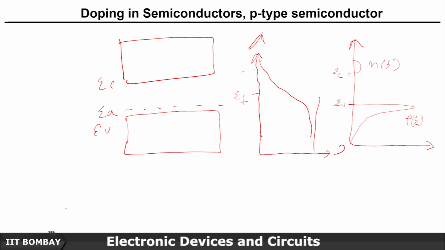So this is EC, let's say, and this is EV. You can see this probability is significantly higher, 1 minus Fe in this case, the probability of occupied states. So the number of holes is much higher in the case of a p-type semiconductor, which is also indicated by this.